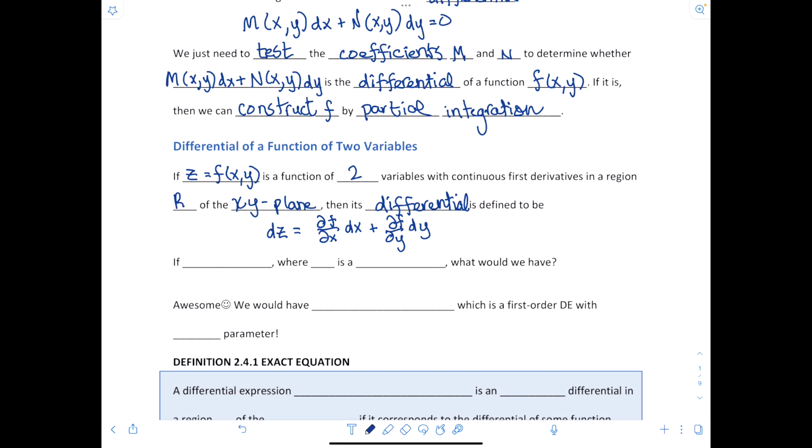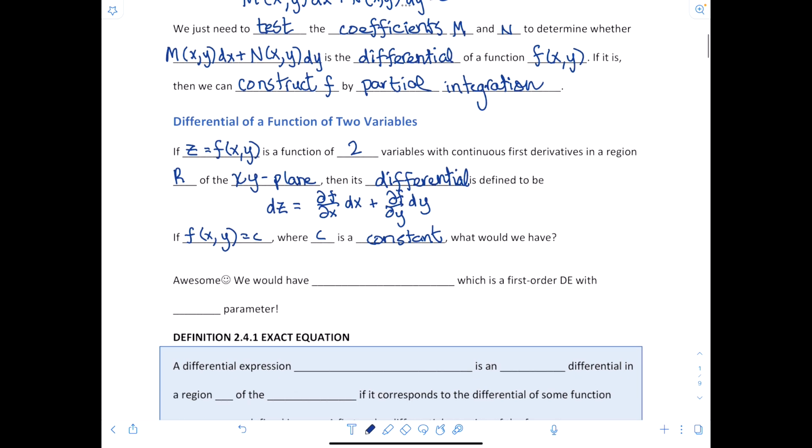Here we go. If f of x and y is some constant c, what would we have? If f of x and y was a constant, when you find the differentials, you would get 0 instead of dz.